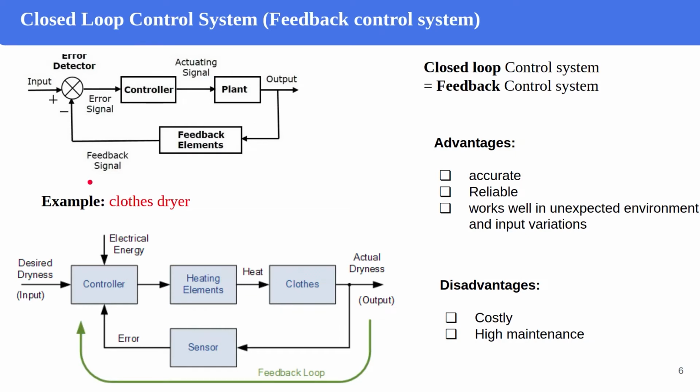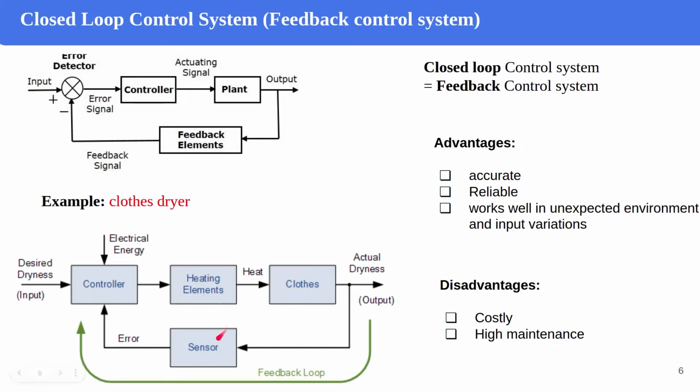Let's see an example in real life. Again, I like to refer to the clothes dryer as an example for the feedback control system, because we have already had this example for open loop. So let's see the difference. The clothes dryer control action here is done automatically. Depending on the wetness of the cloth, the dryer has to stop accordingly.